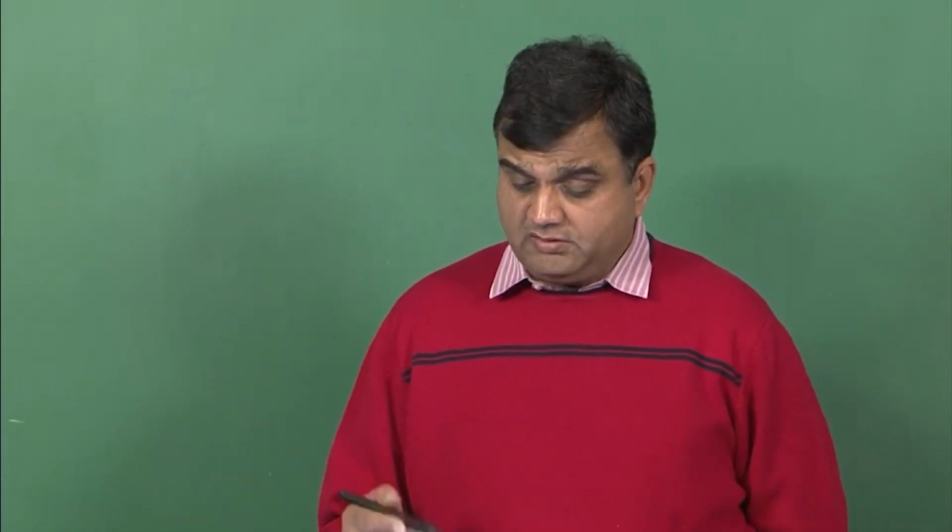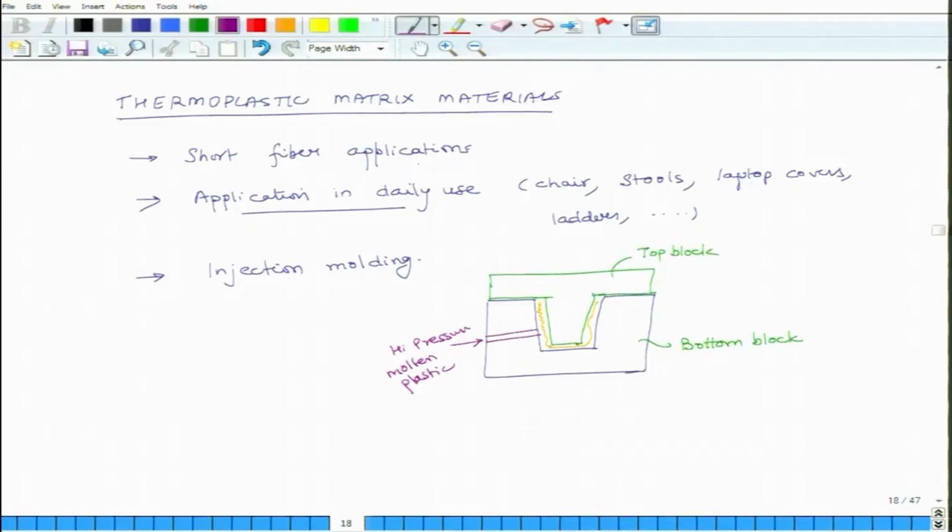Now, a lot of times if you think that this glass is not strong, or suppose you are making a chair, the chair is not strong, not only do you inject this plastic, but before you inject the plastic, you also mix it.